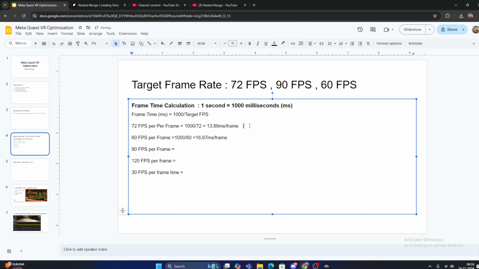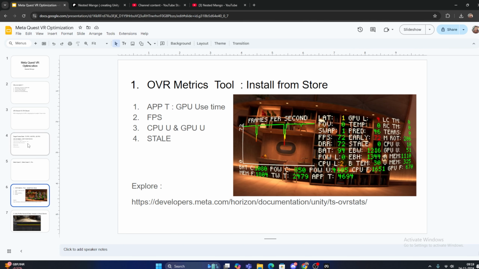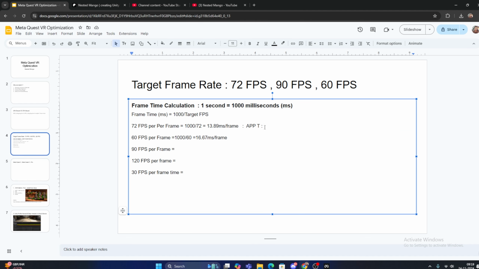On the basis of the FT value, if it is 4694 and you convert it to ms, it will be around 4.6 ms. So basically from the 13.89 ms, it is taking 4.6 ms. That means your GPU is great, it is not creating a very big problem.